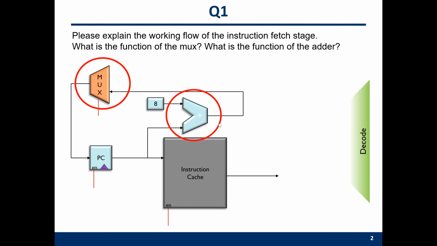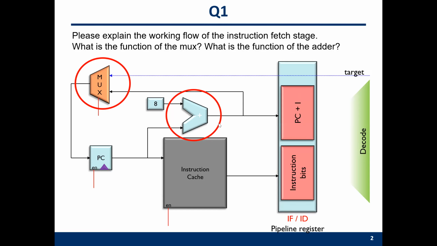Assume that you run the application. This part is whether you actually choose the next instruction or take the branch. So another input of the mask is actually the branch.